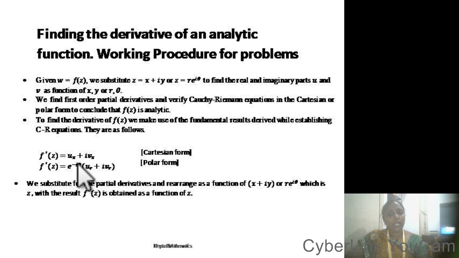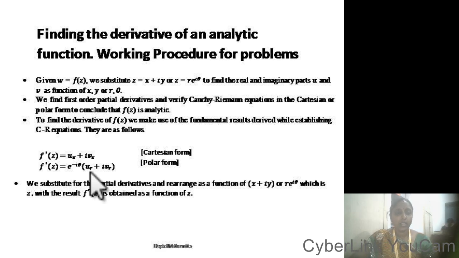Similarly, if we have solved the problem in polar form, then our formula f dash of z will be e power minus i theta into ur plus i vr. So finally, after taking this formula, we will substitute our first order partial derivative values, dou u by dou x and similarly dou v by dou x.